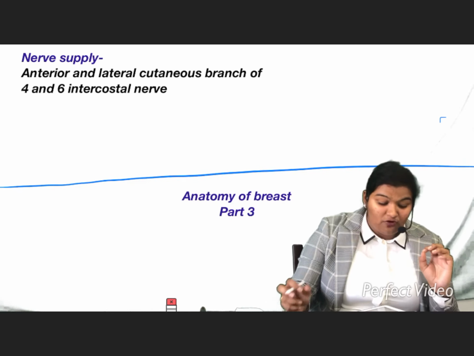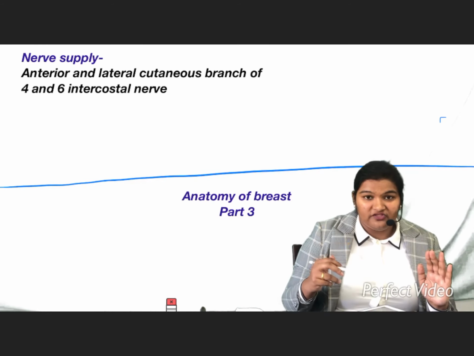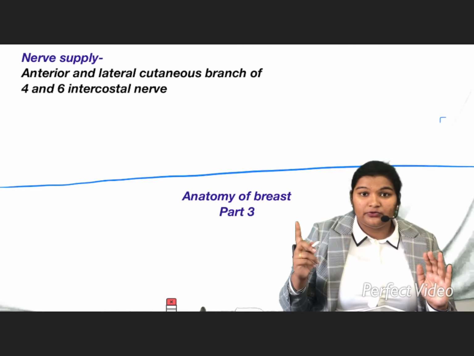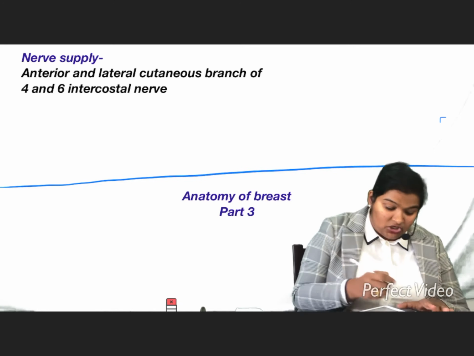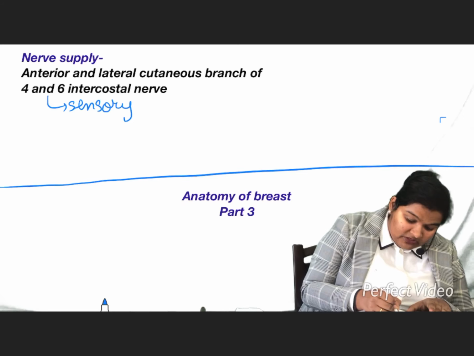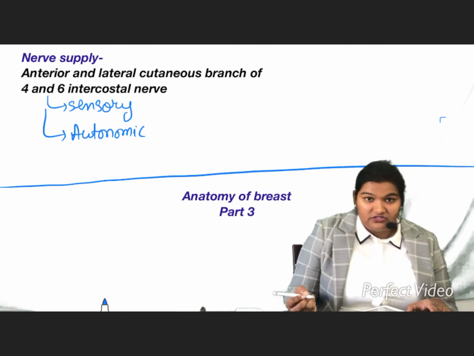This is the sensory supply of superficial parts of the breast and also the autonomic supply to the smooth muscle. So first of all, it is the sensory supply and also the autonomic supply of smooth muscle.